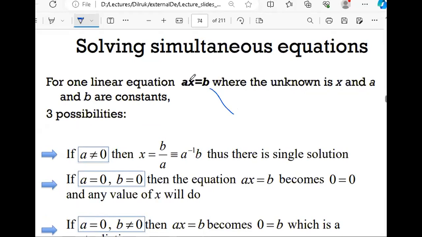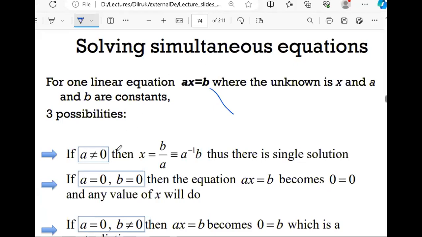The solution of this equation depends on the coefficients a and b.